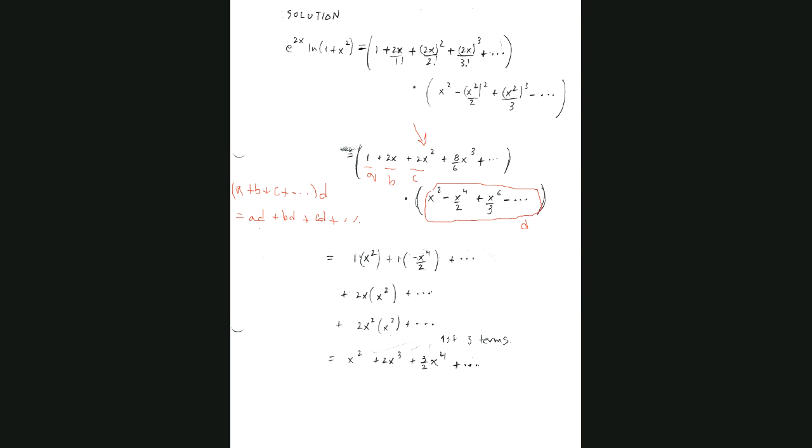If we do that, when we take A times D, we're going to get 1 times x squared plus 1 times x to the 4th over 2 plus a bunch of other terms. But I'm only choosing to do a few multiplications, because I only need the first 3 non-zero terms. So I don't want to multiply more than I have to.